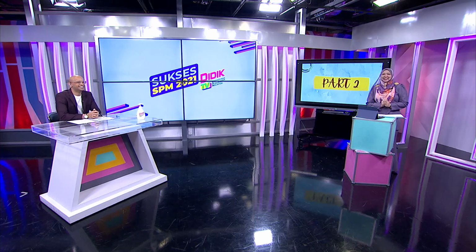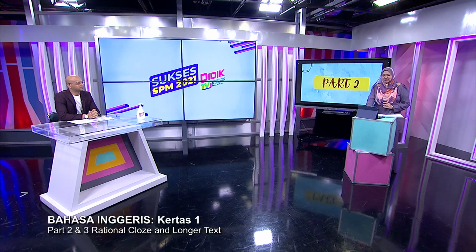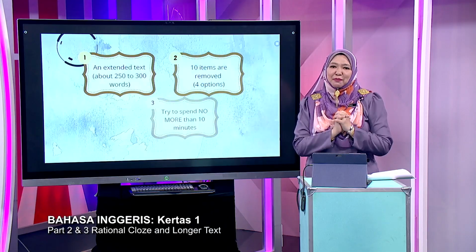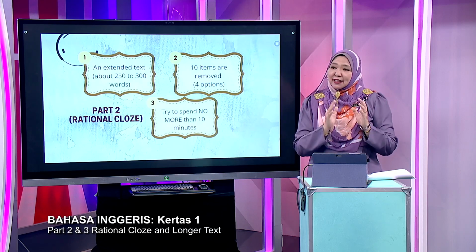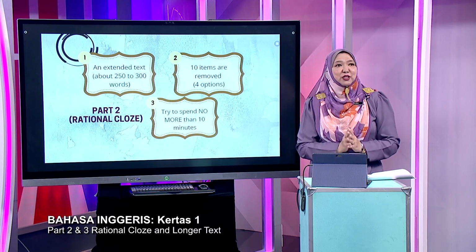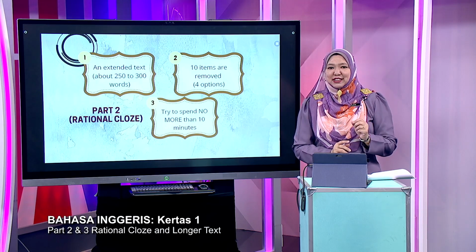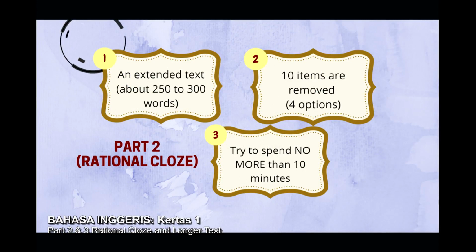Thank you, Sean. Okay, boys and girls, we are back with part 2. Now what is in part 2? In part 2, you will be given an extended text of about 250 to 300 words, with 10 items removed from the text itself.